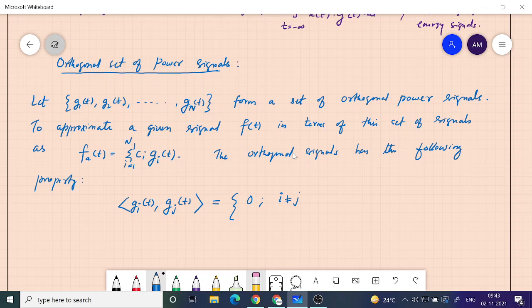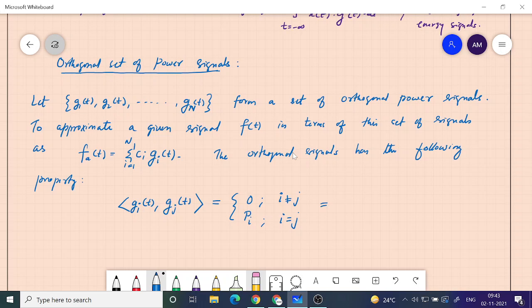When you take two functions from the set, if they are different functions, when you take the inner product, you will get 0. But if you take the same function, we will get the power of that signal, let me call it pi, if i is equal to j.